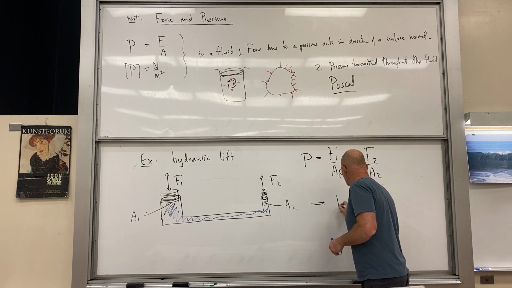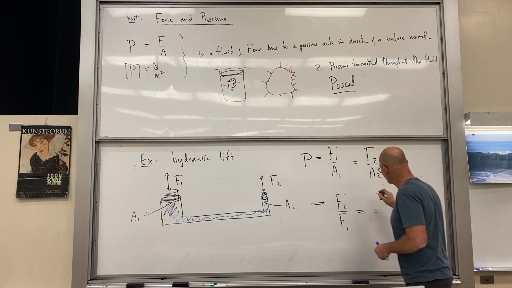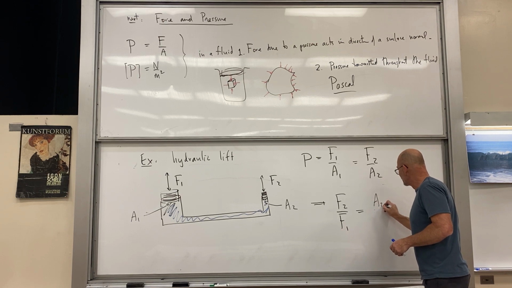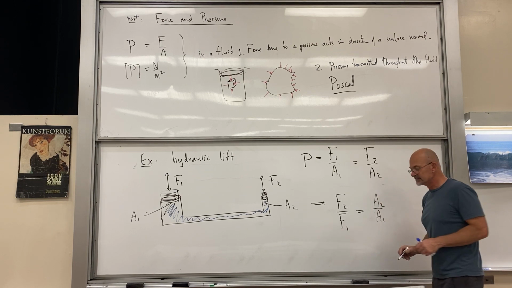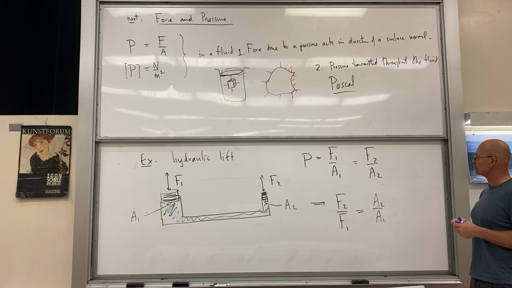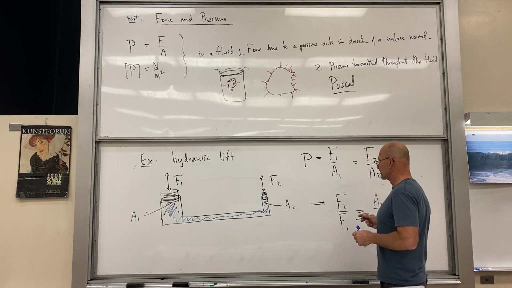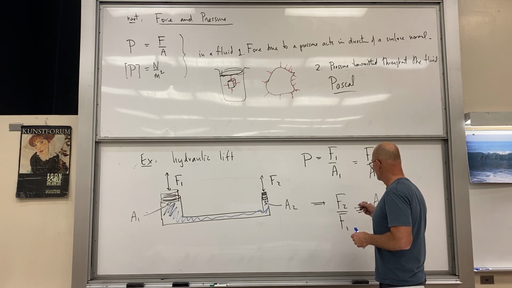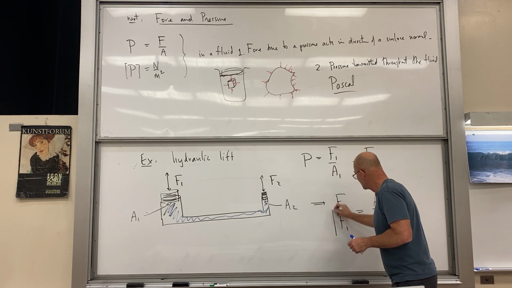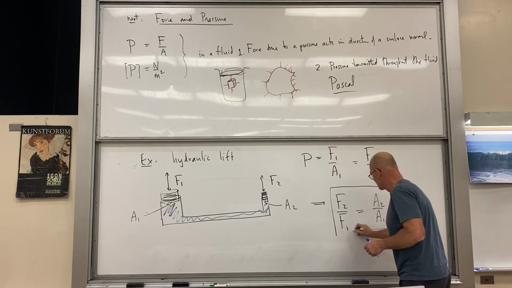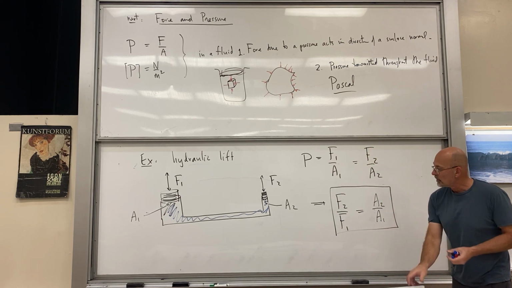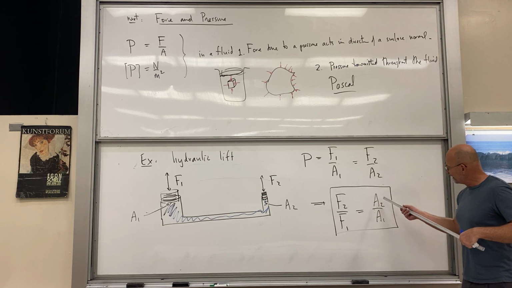So F2 over F1 is simply A2 divided by A1. This is actually good enough. So the ratio of these forces is as the areas.